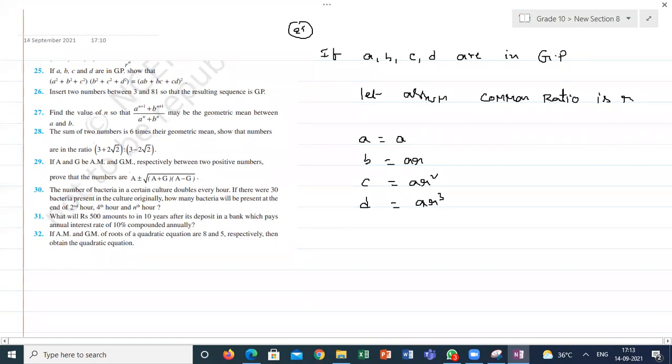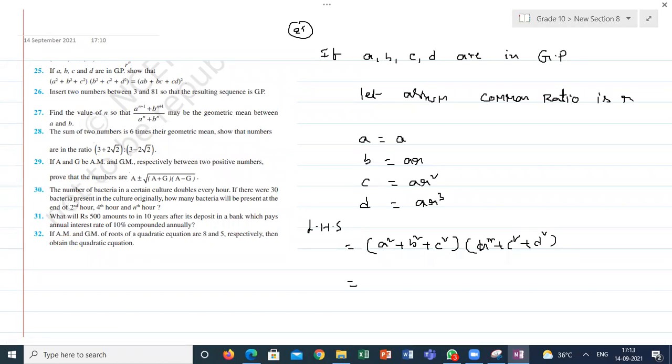Students, if I am substituting the A, B, C, D values, what is your LHS? In LHS, (A square plus B square plus C square) into (B square plus C square plus D square). What will I get, students? In place of A square, it is A square.